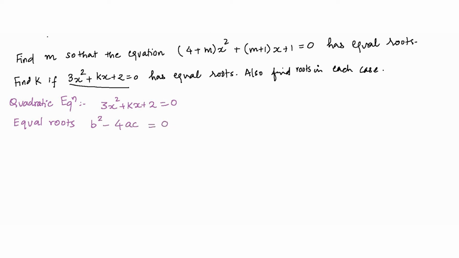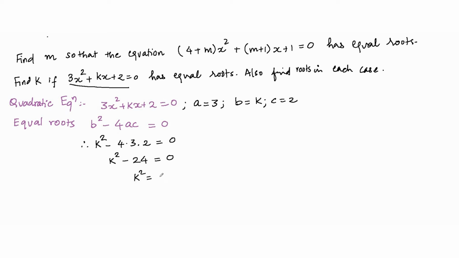Now we can compare the given equation with the standard form and we can say that a is equal to 3, the value of b is k and the constant is 2. Therefore, substituting these values, I get k square minus 4 into 3 into 2 is equal to 0, which means k square minus 24 is equal to 0.